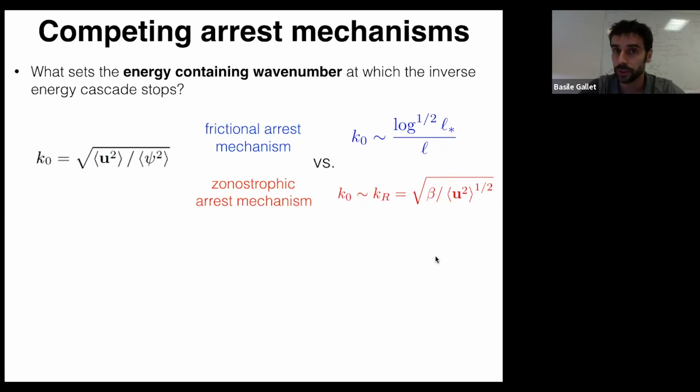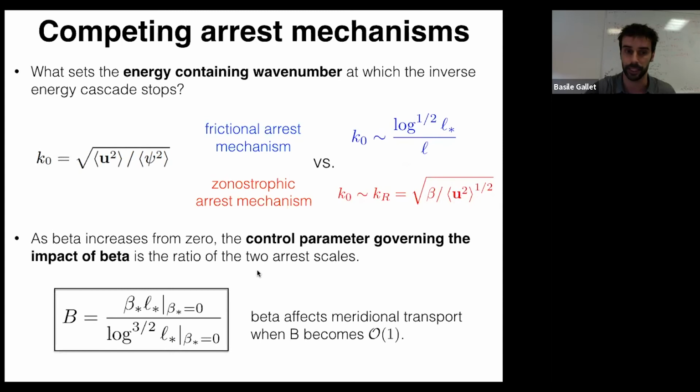So if I want to understand the control parameter in this system, I have to take the ratio of this estimate over this estimate. And when this ratio is of the order of 1, beta should play a role. Okay, if I increase beta from 0, I can further replace this U squared with the estimate from the vortex gas dynamics. So here is the control parameter that I get.